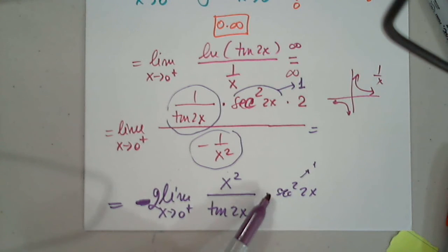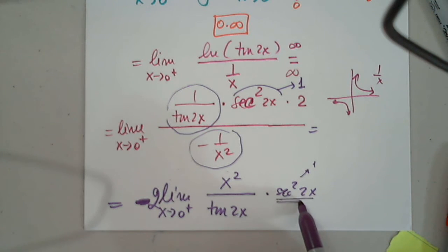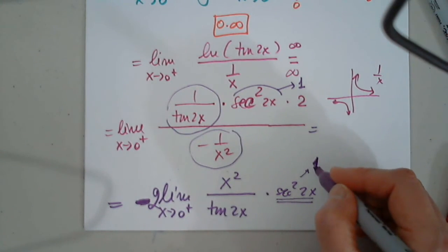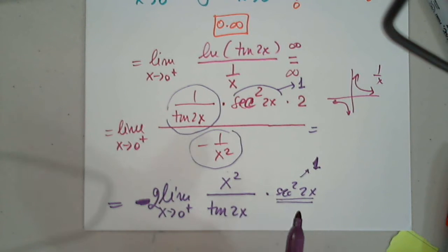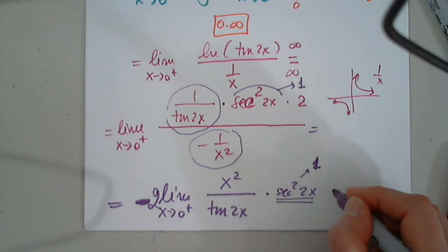I will have to differentiate a product, and this will, at the end of the day, not have an impact on the answer. We can do both if you want, but I can drop it because it will approach 1. It's like a constant at this point. So I will do that.